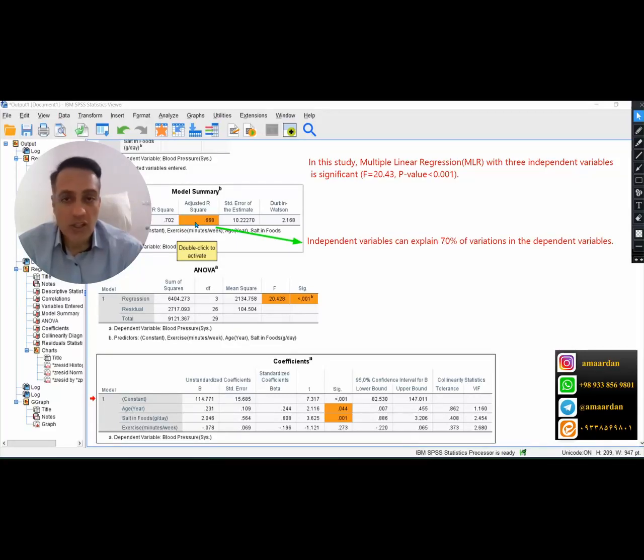Then you need to write that the independent variables can explain 70% of the variations in the dependent variable. In other words, if more than 70% of the variations are explained by your independent variables, it means that your model is good and has the needed criteria.